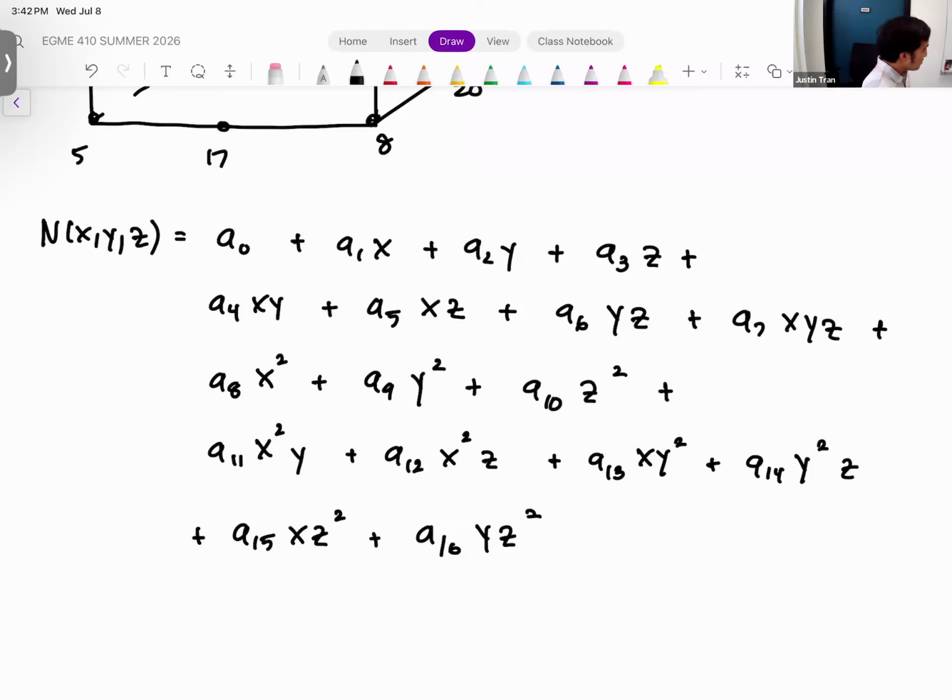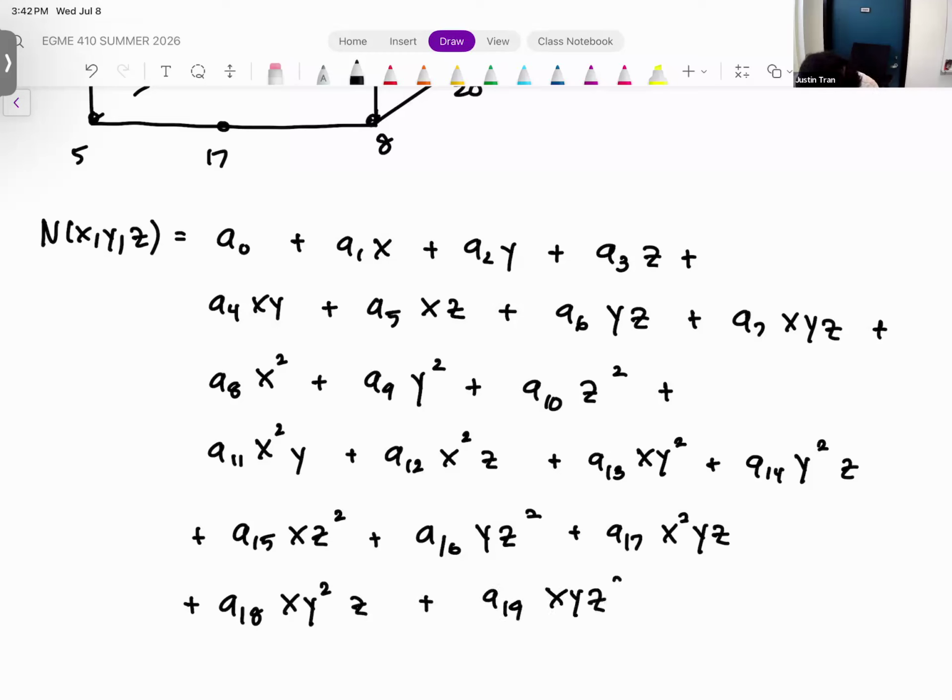Because now that we have all of the doublet terms, all of the terms with two variables with the quadratic, now we have the quadratic triplet terms. Terms that have all three x, y, and z, but one of them is going to be squared. A17 x squared yz plus A18 x y squared z. And finally, A19 x, y, z squared.